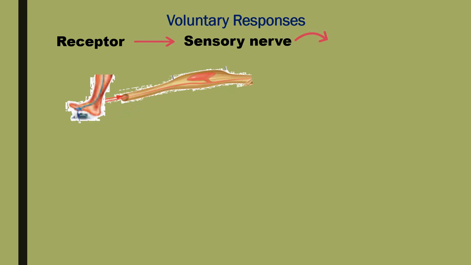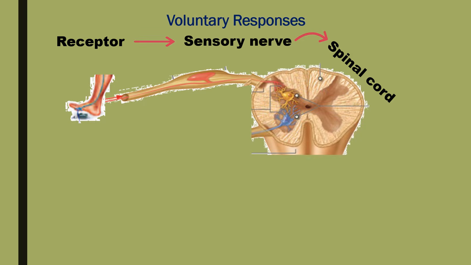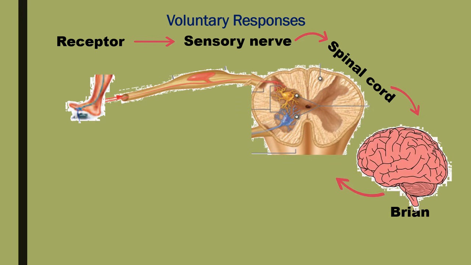In voluntary responses conducted in our consciousness, the receptor in the sensory organ receives a stimulus, produces signals, sends them through the sensory nerve. Sensory nerve carries the signals to the spinal cord. Spinal cord then relays the signals to the brain. Brain takes the signals, analyzes and produces commands and sends them again to the spinal cord.